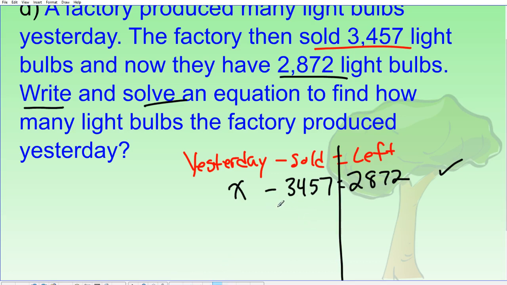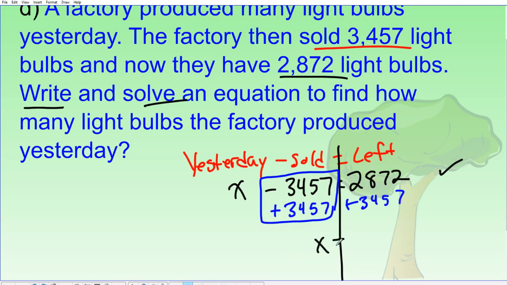So in order to solve, I need to add 3,457, because that's the opposite of subtraction. If I add 3,457 to both sides, I get x equals, and if I add that up, let's see, I get 9, carry the 1, 12 plus 1 is 13, carry the 1, 6.